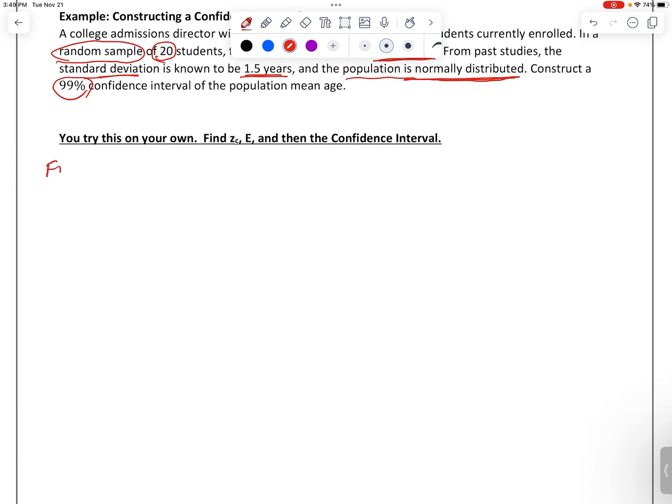Okay, so first, I have to check my conditions. By that I mean, first condition, is this a random sample?